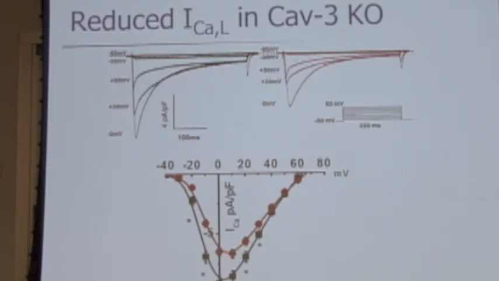While you have that slide up, how do you square that result with the idea that you're increasing calcium current in some of your CAV3 long QTs? Is it a gain of function in CAV3? Yeah, so I think that's an interesting question. That's how we're working to put the puzzle together.